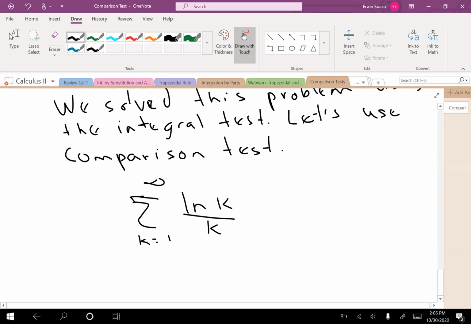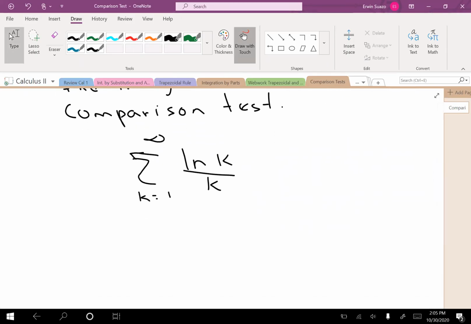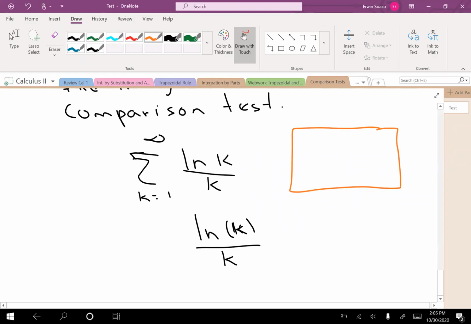You consider the term ln of k divided by k. We need to compare this with some series that we know is convergent or divergent. What could be a series that looks similar to this one?